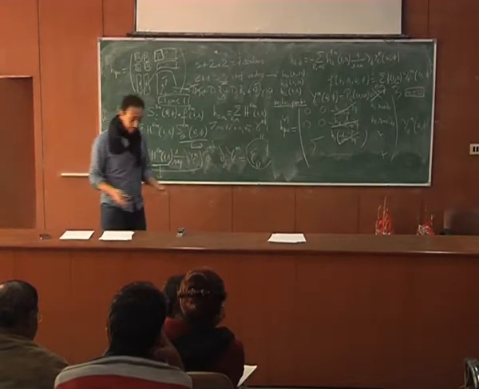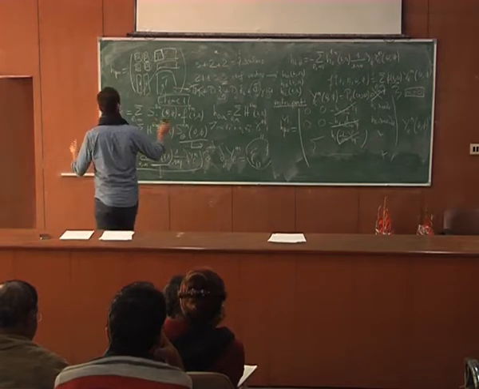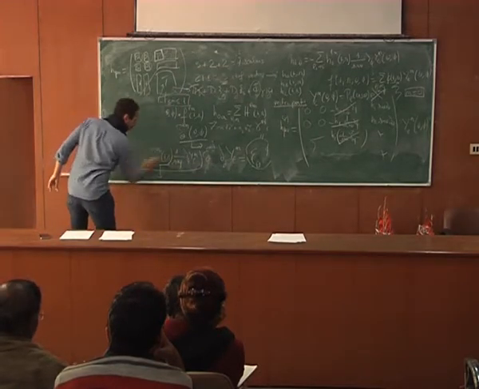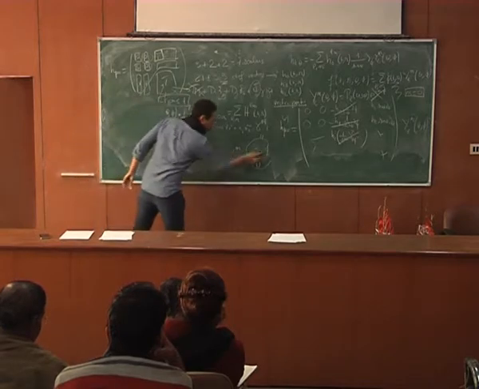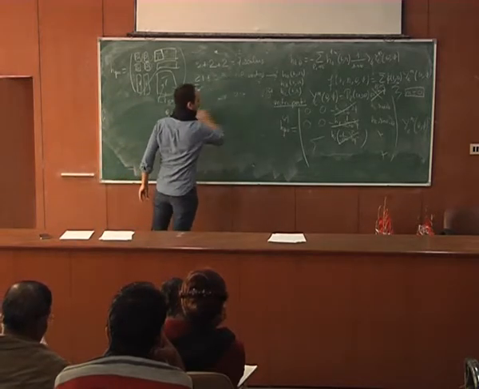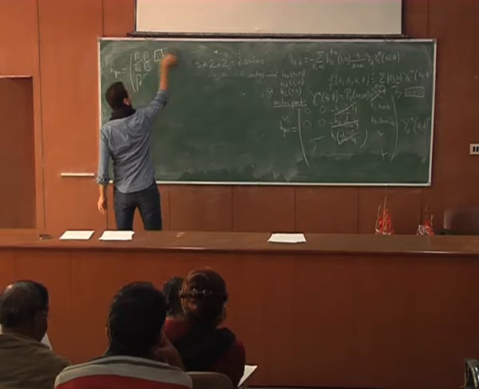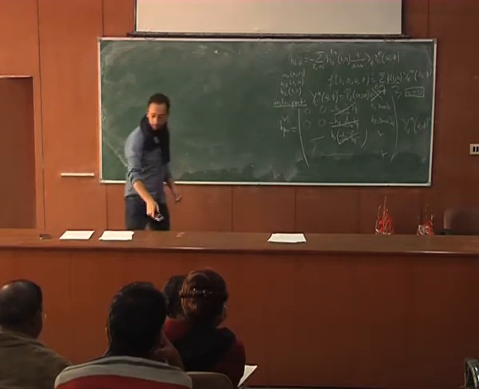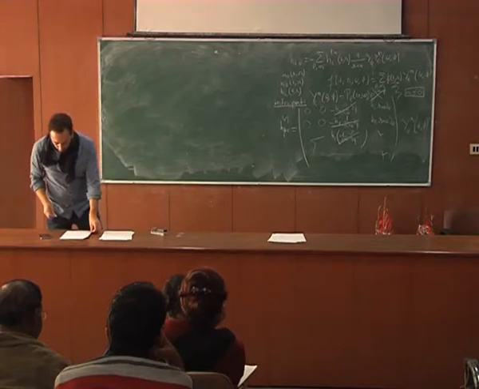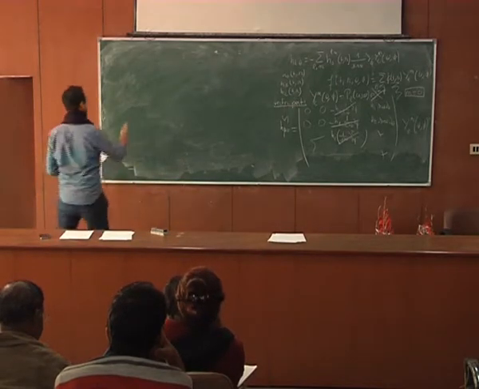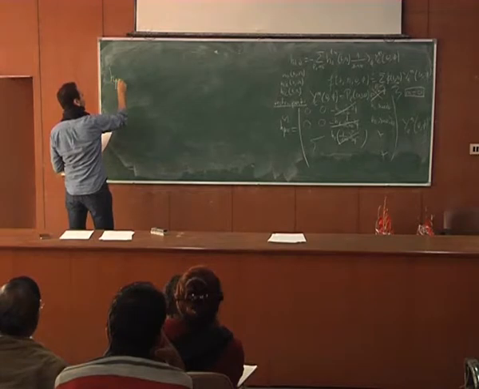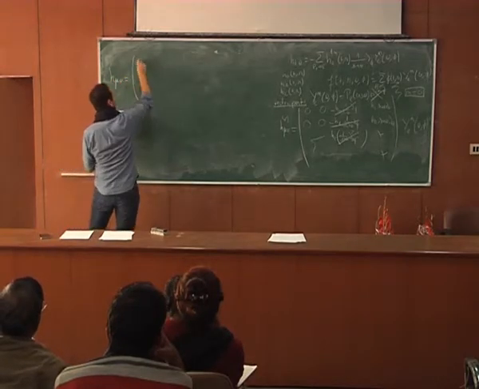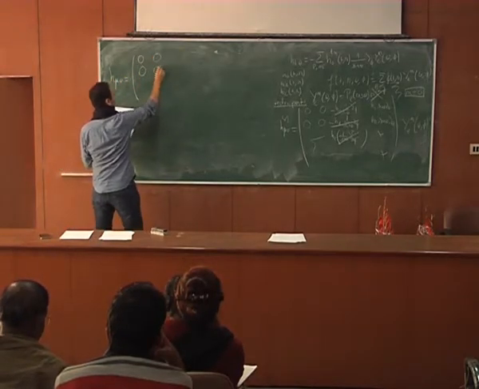And doing this, you get a quite simple kind of perturbation which has this form. So for vector perturbations, what you get is the following. H mu nu is equal to 0, 0, 0, 0.